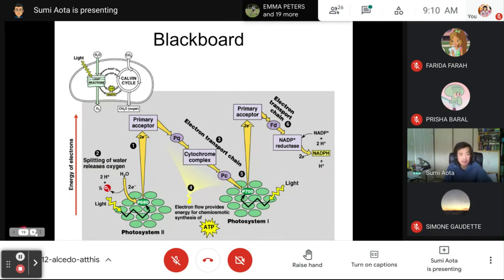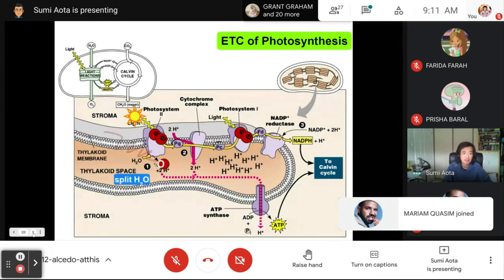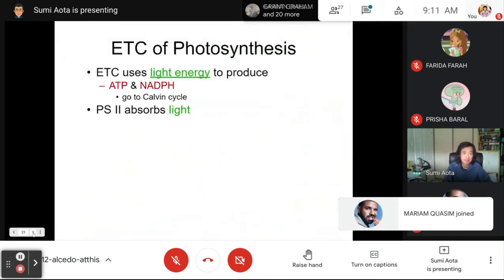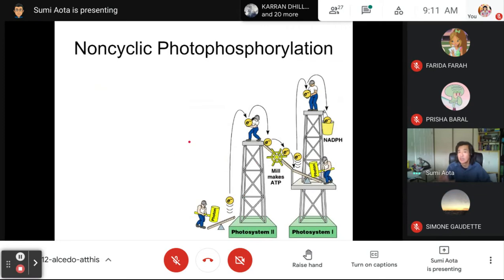Because of that, the system where the electrons come in from water and leave as NADPH is called non-cyclic photophosphorylation. Non-cyclic because electrons come in at one point, leave at the other end. So they come in from water and they leave as NADPH.